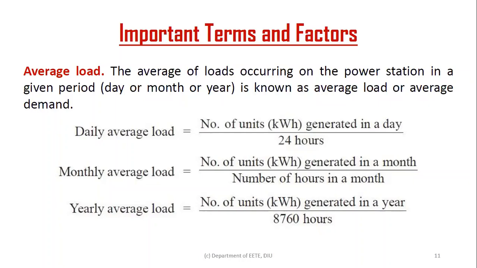Similarly, yearly average load is the total generated in a year divided by the number of hours in the whole year. 12 months, every month has 30 days, 12 into 30 into 24, we get 8,760 hours. Okay, so that was the average load.